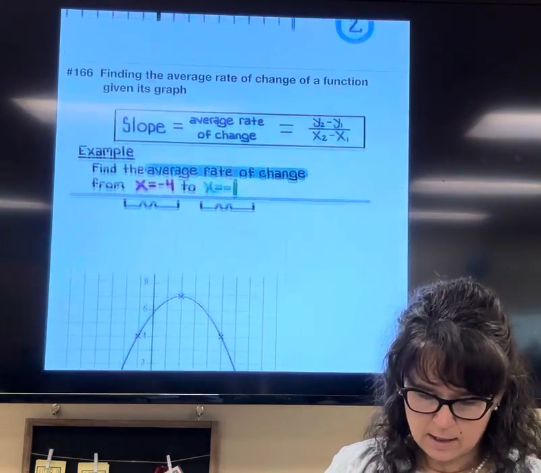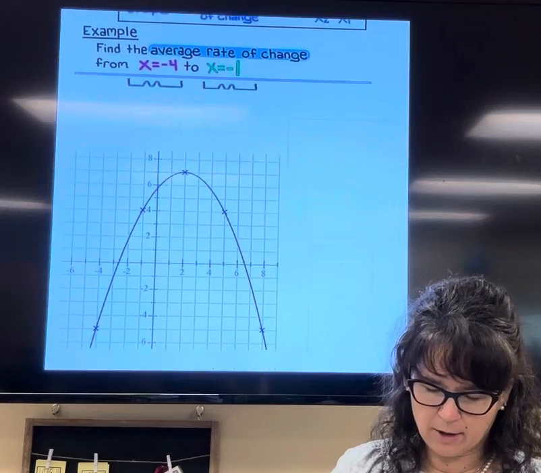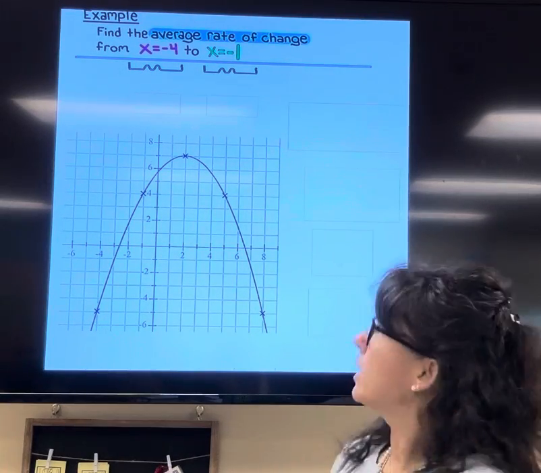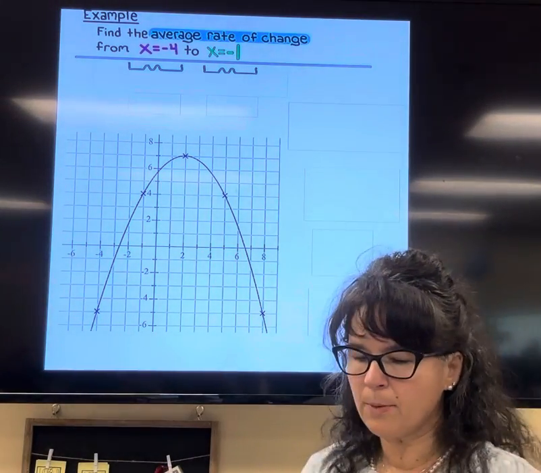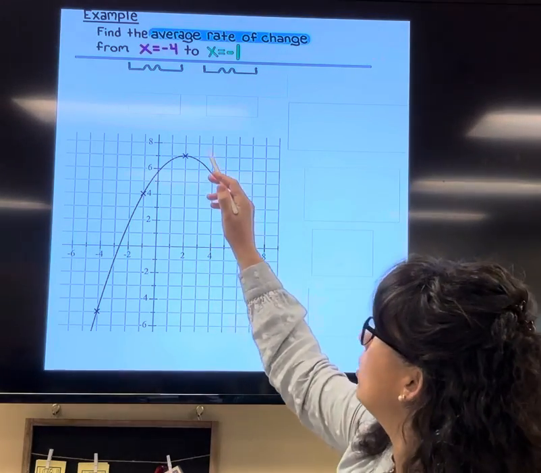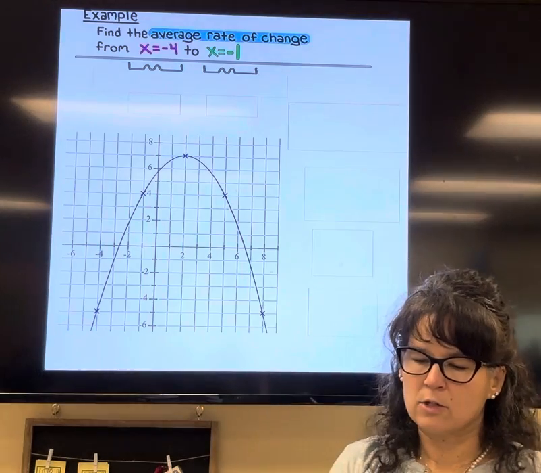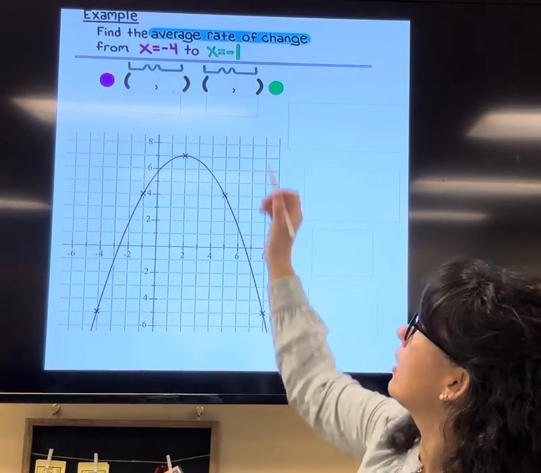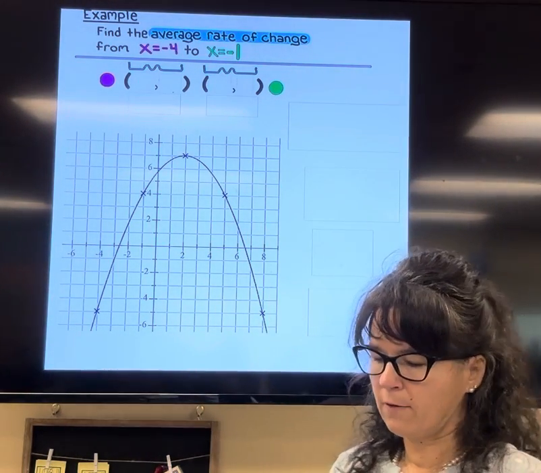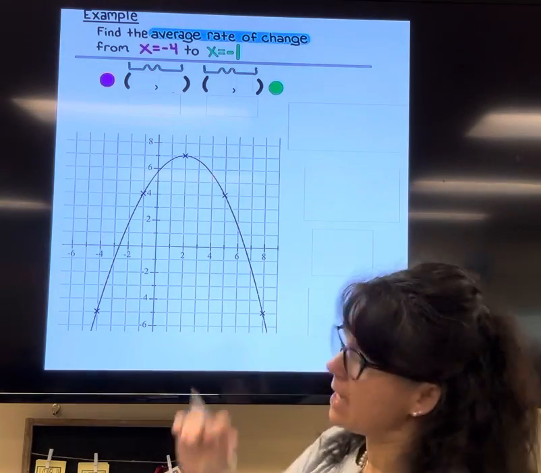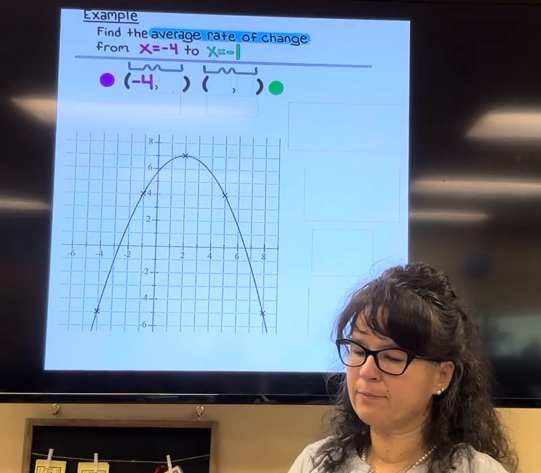Okay, so then let's look at just one more here. So average rate of change again means slope, and we want to know the average rate of change from -4 to -1. So we need to figure out these 2 points here. The first point is going to be -4 comma something.